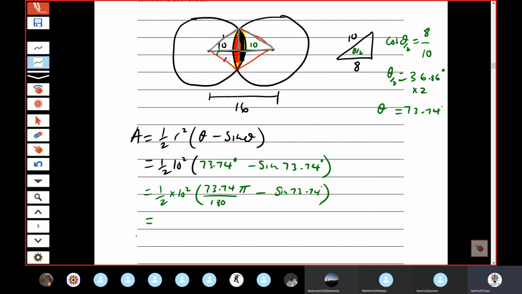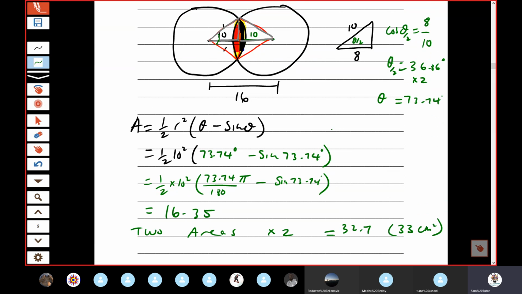Okay, 73.74 times pi on 180, take away the answer, times 100 divided by 2 is 16.35. But I did say that it's going to be the black plus this red area. So we're going to times that answer by 2 areas, times 2, around 32.7 or 33 centimeters squared, doesn't matter, centimeters squared.